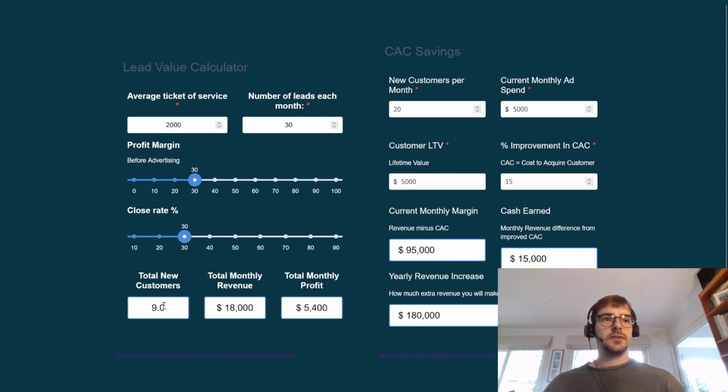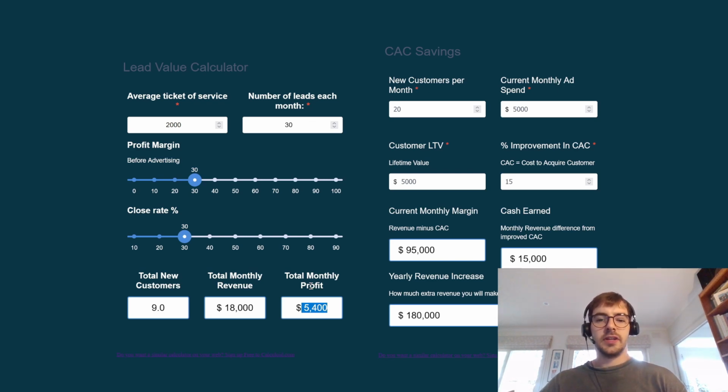Now, with this, you'll see that you're getting 9 new customers a month. So that's 30 leads times the 30% closing rate. So you get 9 customers. And then your total monthly revenue from those 9 customers will be $18,000. And then the profit from that will be $5,400. So your total monthly profit, $5,400, that's how much your 30 leads are worth.